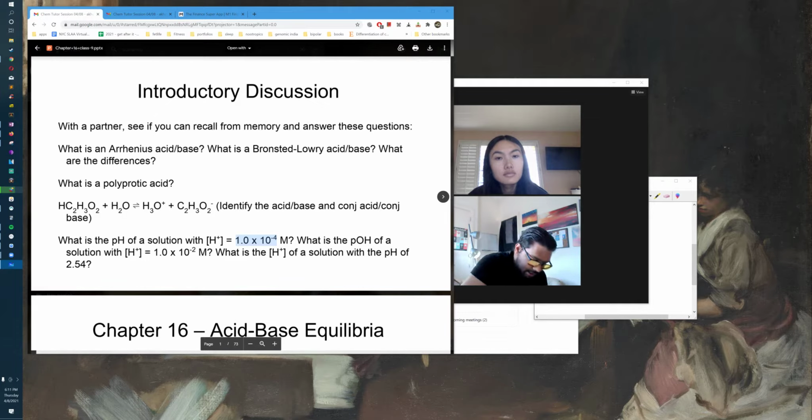So for this problem, the exponent is negative 4, minus log of the mantissa, which is the 1. So what's log of 1?